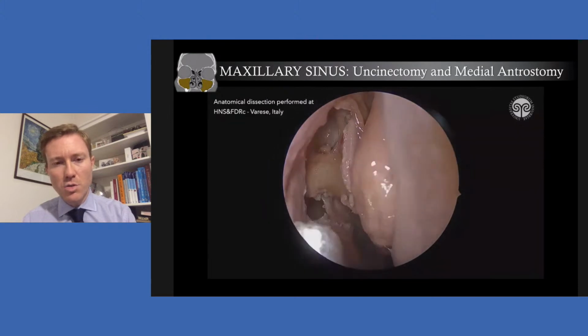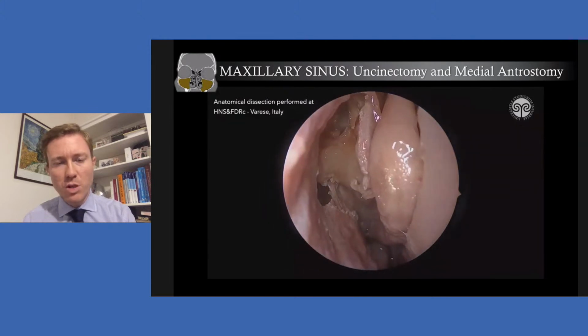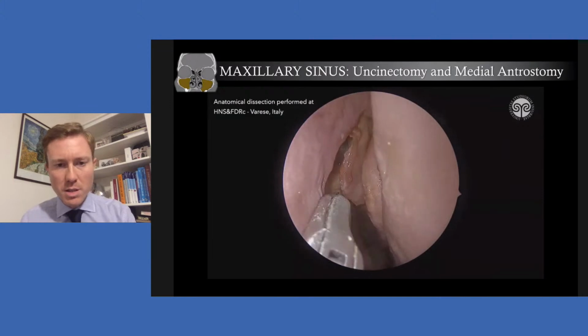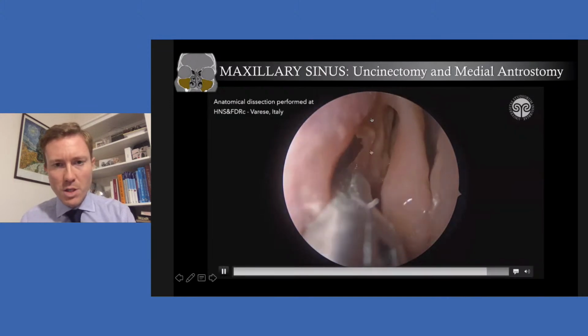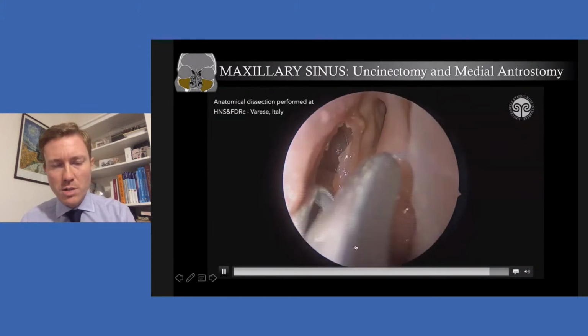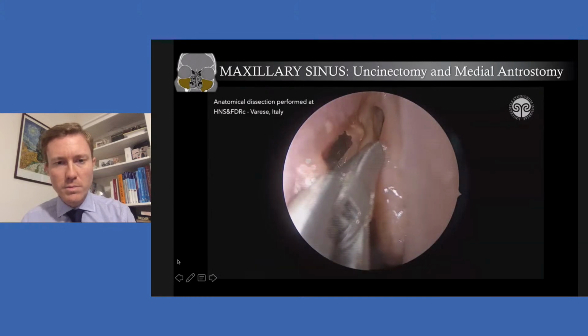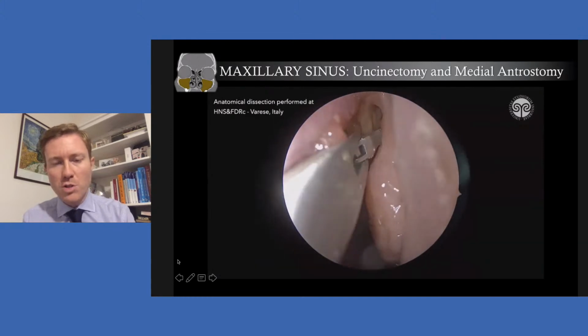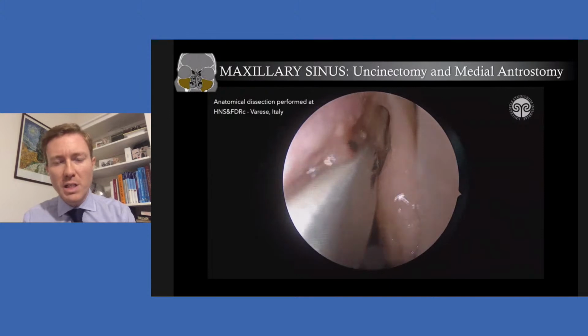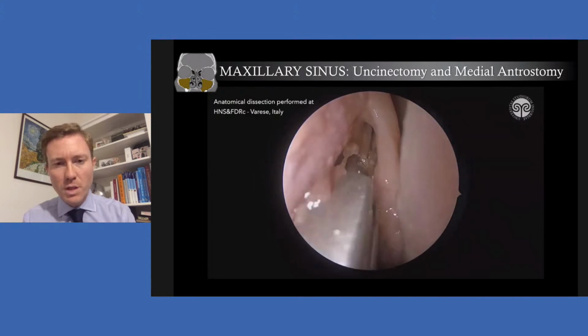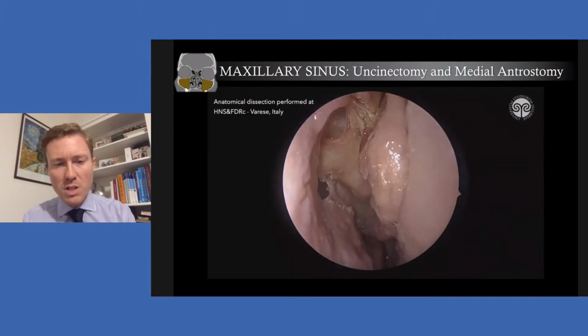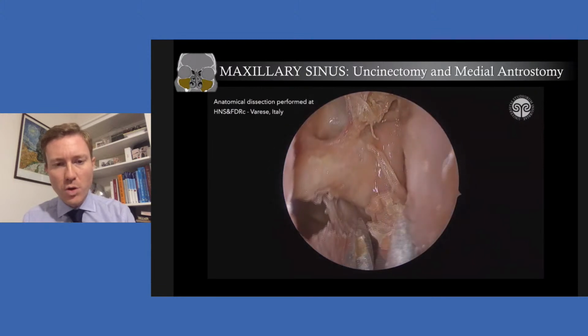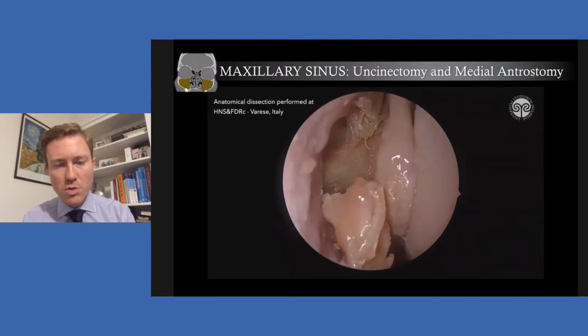And this is the uncinate process cut. You can see the bulla ethmoidalis here, the uncinate process. The uncinate process can be completely removed in this way, and you can see bulla floor, maxillary sinus, uncinate process completely removed.